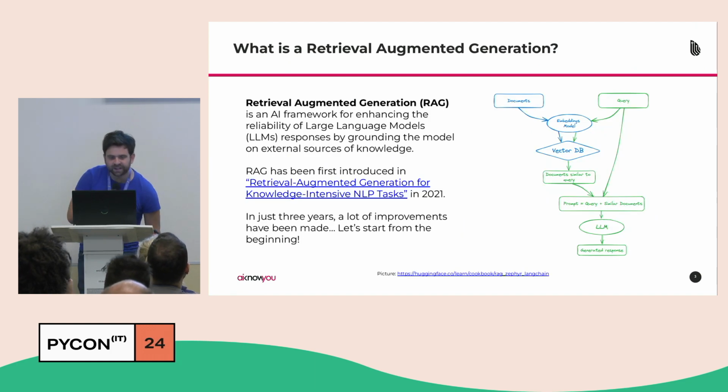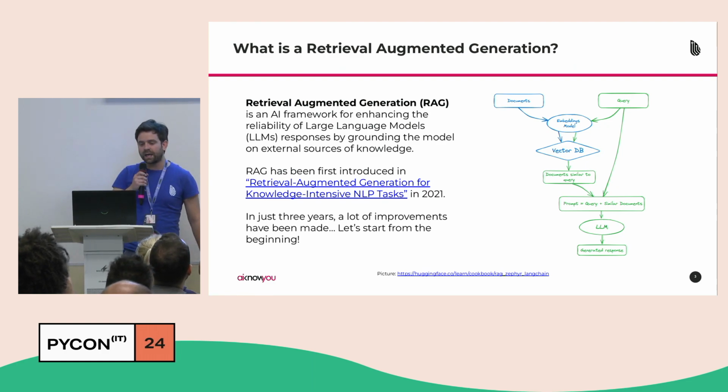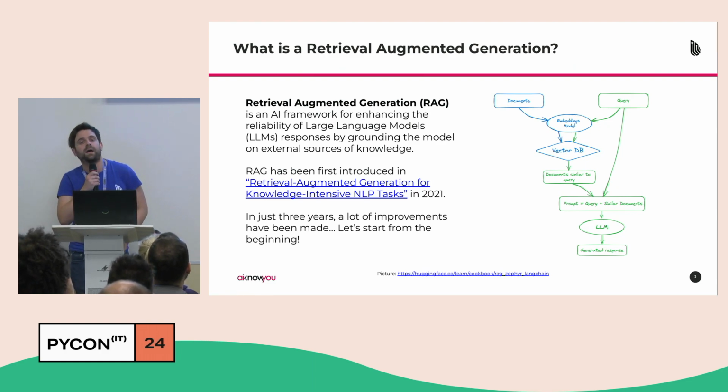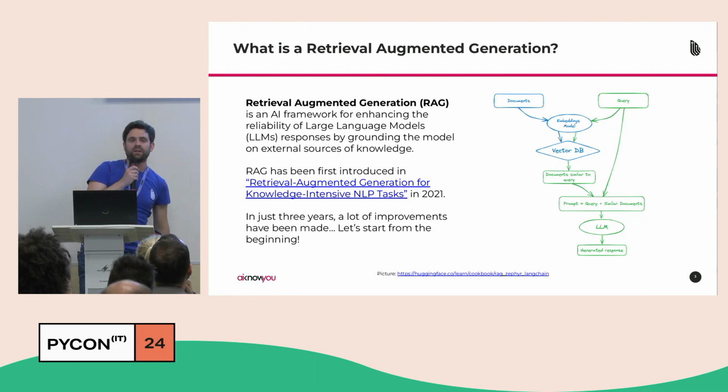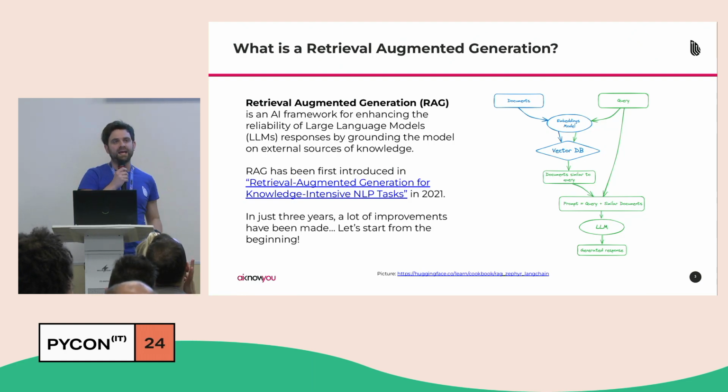So, RAG, Retrieval Augmented Generation, was first introduced as a term three years ago in a paper in 2021. Basically, it was introduced since we had these large language models.